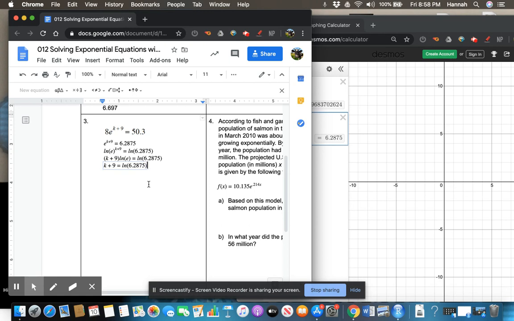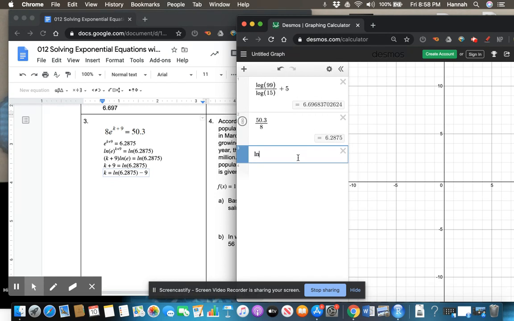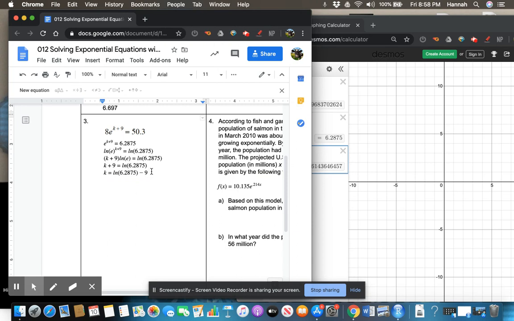Well, how do I get k by itself? I subtract the 9. So all that I actually have to type in Desmos is the natural log of 6.2875 minus 9, and it will give me my final answer. And boom, my answer here is negative 7.161, and I'm done.